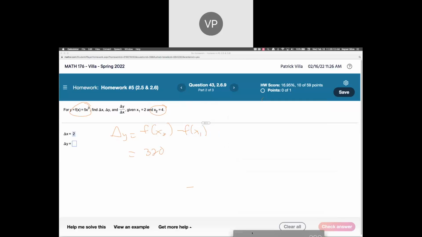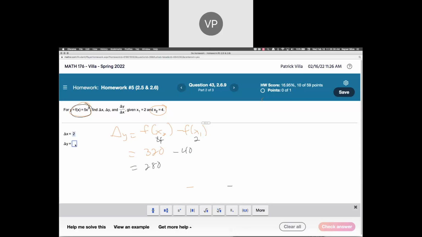Now we plug in the value of 2. So into this original function, f of 2, we get 2 to the third, which is 8. 8 times 5 is 40. Looks like I have a change of 280. What's important is to make sure you get the sign right.